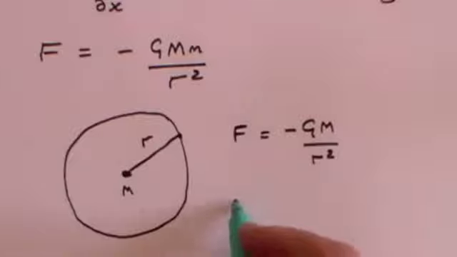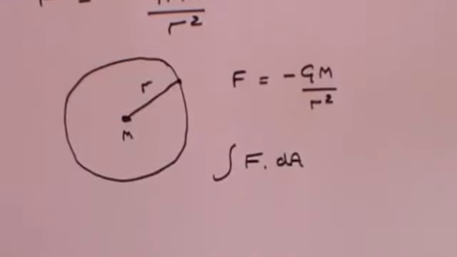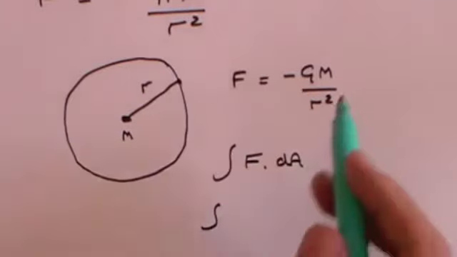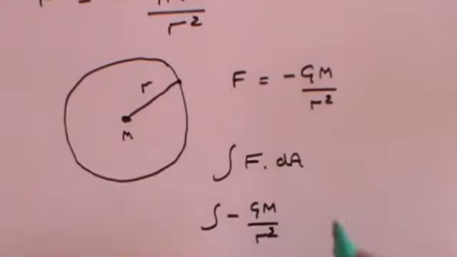Well, that's going to be the integral of f dA, where dA is the area of the surface of the sphere. And that's going to be the integral of the force, which is minus Gm over r squared, times dA.